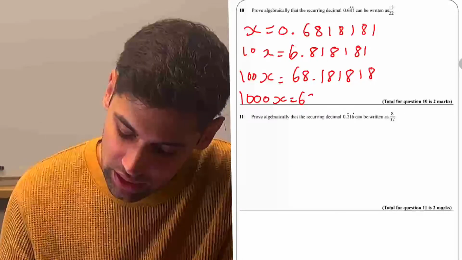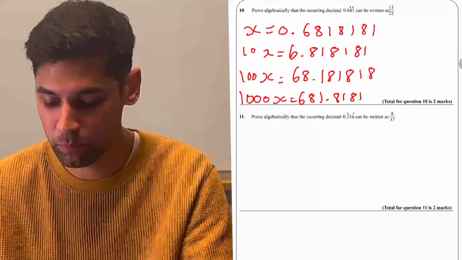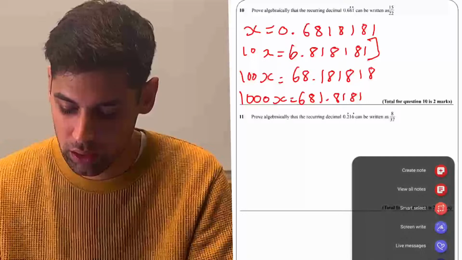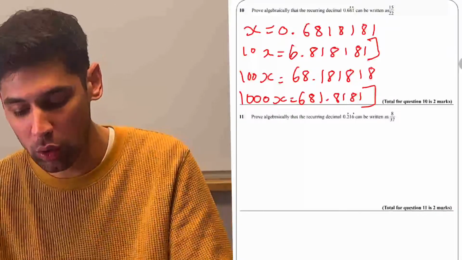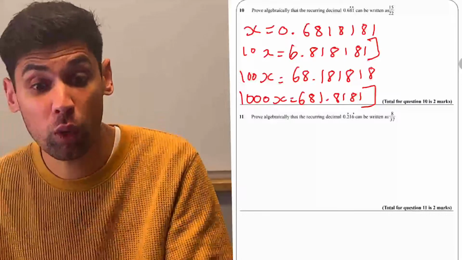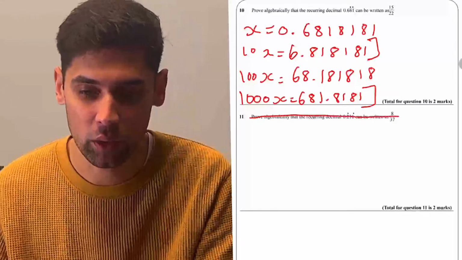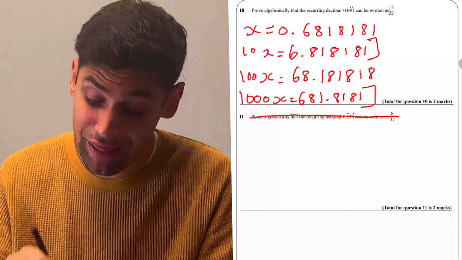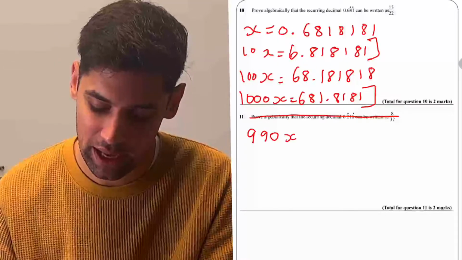1000x equals 681.8181. And look at this, these two are exactly the same after the decimal point. They are both 0.818181. So those are the ones we take. We'll just ignore this question for the time being while I'm still writing out the working here. So we're going to do 1000x take away 10x, which is going to be 990x.